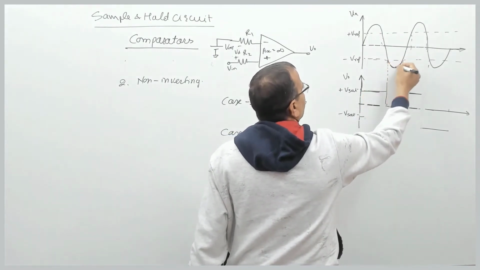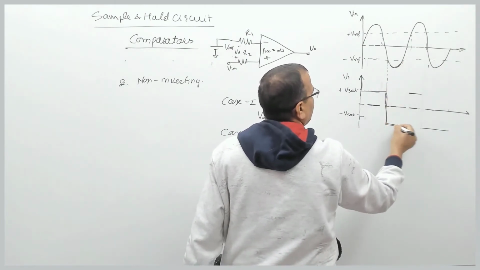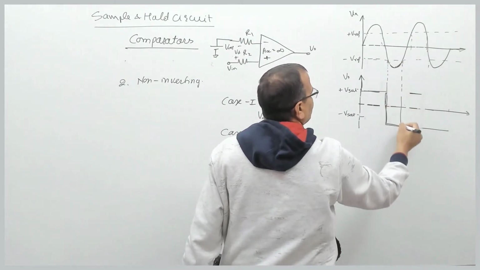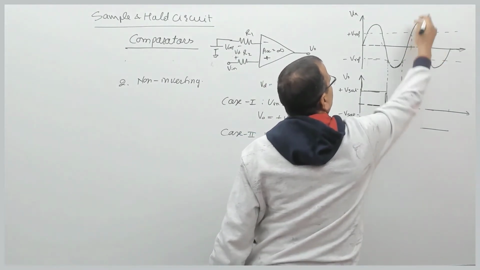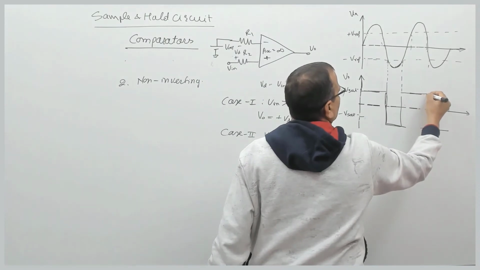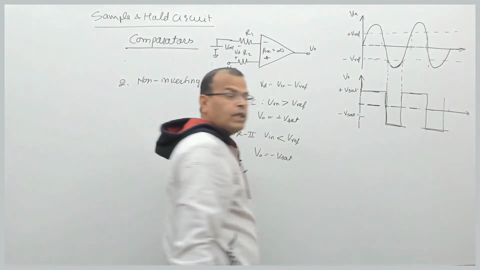This is the portion where input voltage is less than Vref, so output will be minus Vsat for this duration, and this is the portion where input voltage is again more than Vref, so this will be your output.